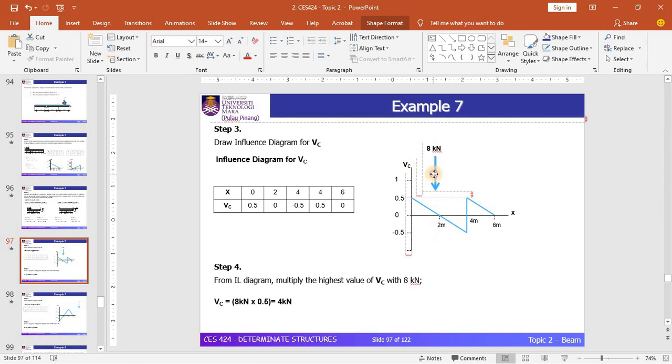on point C. Based on this diagram, you can see that the highest value on the positive side is 0.5.